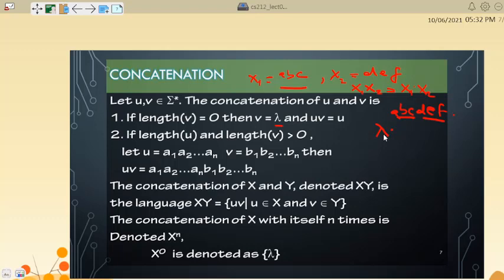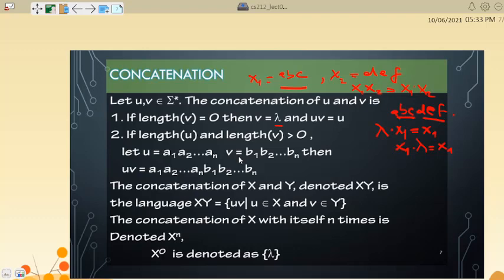What does that mean? Lambda concat anything gives you itself. For example, lambda concat x1 gives you x1, or x1 concat lambda is also the same thing. You get x1 also.